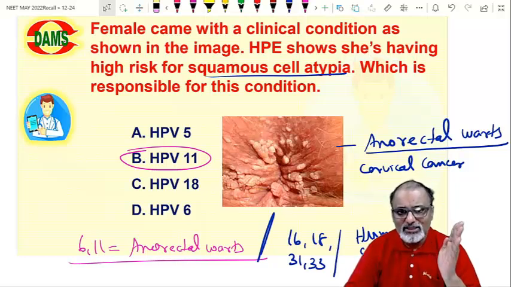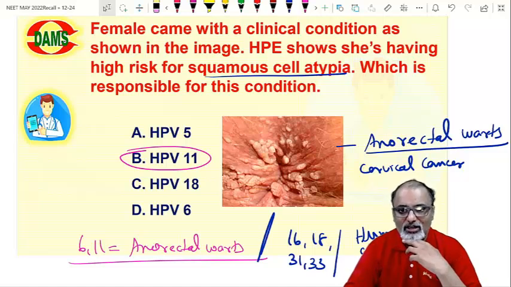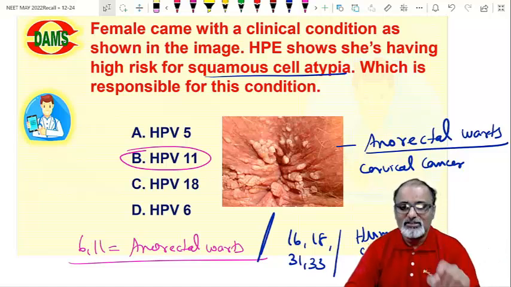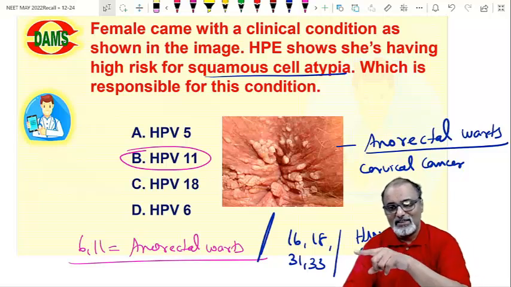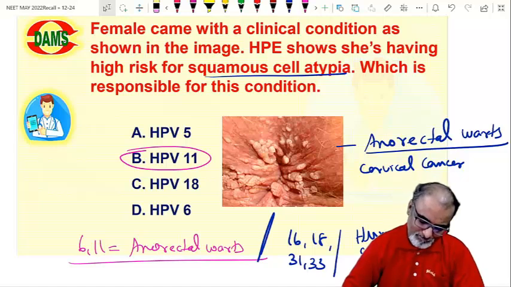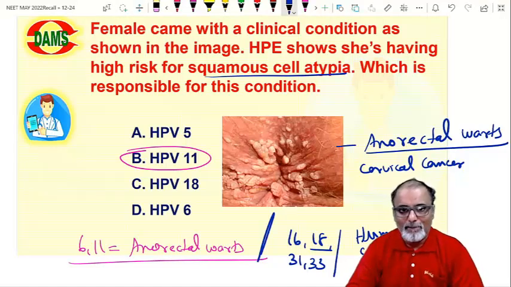If the question is on which serotype is responsible for anorectal warts or condyloma acuminata, that time the answer will be HPV 11. Suppose they are asking she is more prone or at risk of human cervical cancer and which serotype is responsible, that time the answer will be 16 or 18, but 18 is there.